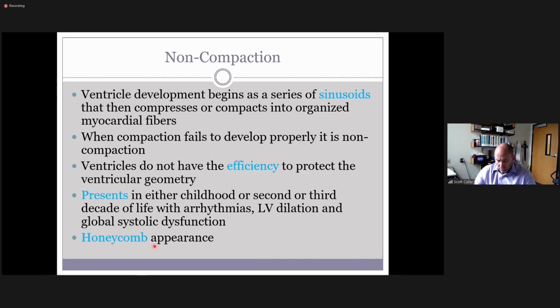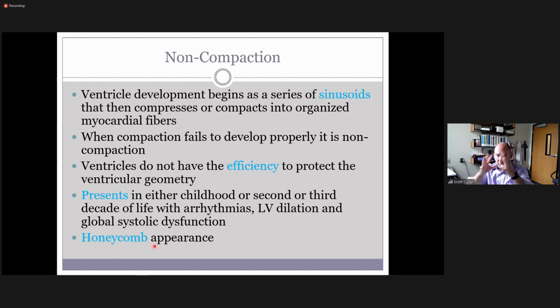Okay, so this one is kind of an interesting one. Not really new per se, but it's more understood nowadays. Non-compaction is a disease process of the muscle where, when the heart forms from fetal development, it doesn't compact against the walls.